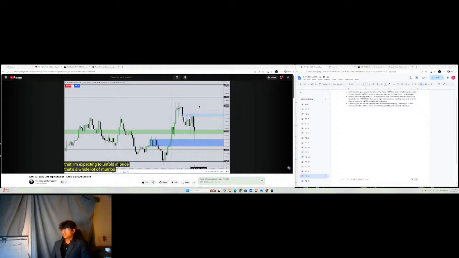That's a whole lot of mumbo jumbo, I know, but long story short, I'm waiting for a setup that fits the criteria that I have. And nothing in this movement so far makes me feel like I need to do anything yet. And that's a superpower for a trader, okay?